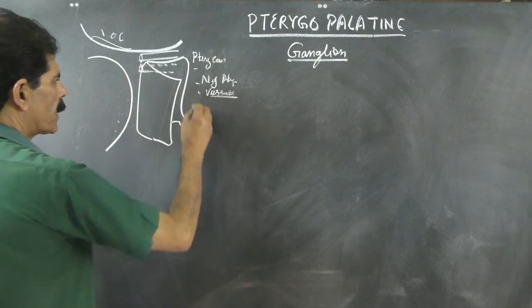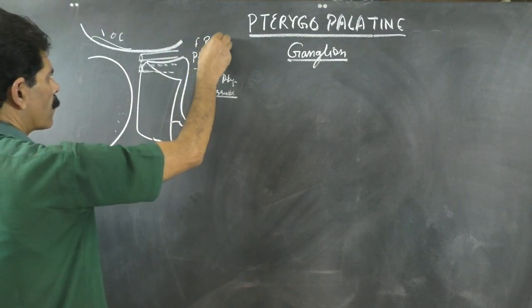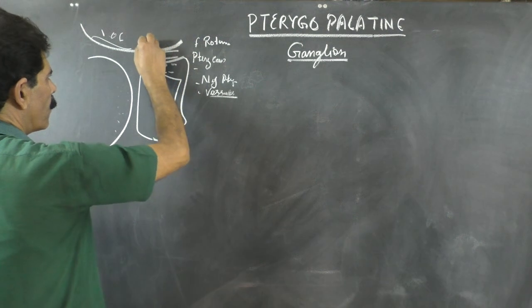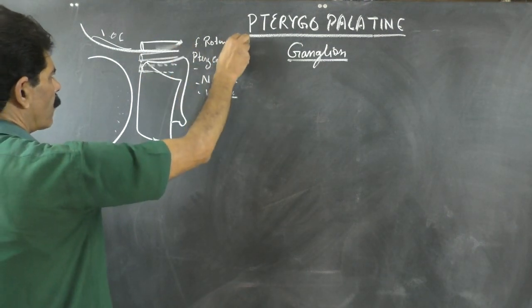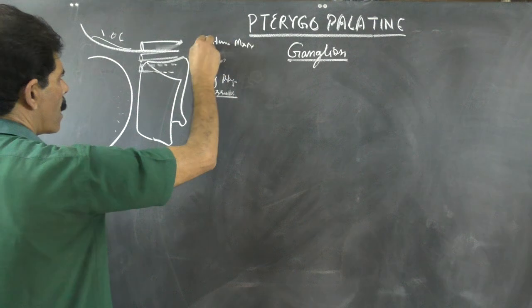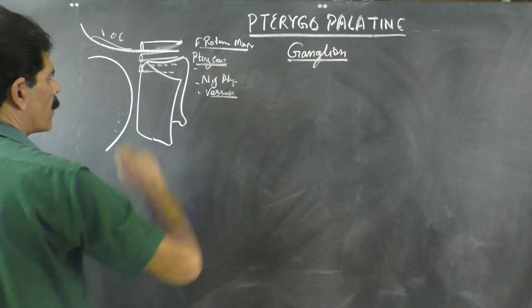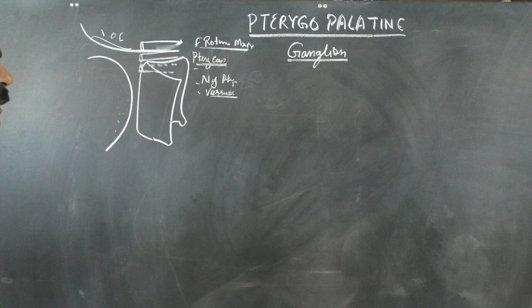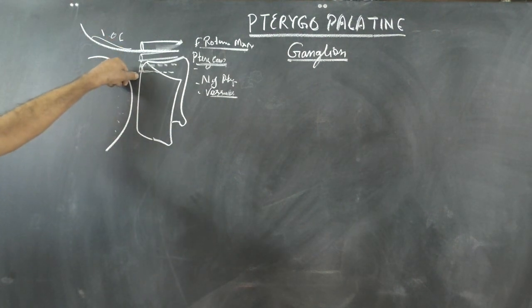In the upper part there lies the foramen rotundum, which contains the maxillary nerve. So these are the three openings in the posterior wall of the Pterygopalatine fossa.